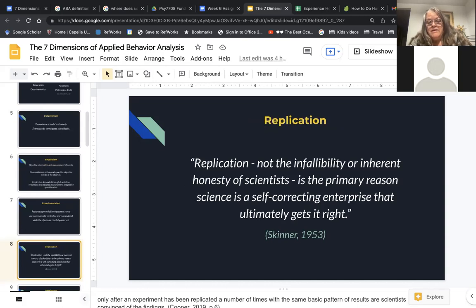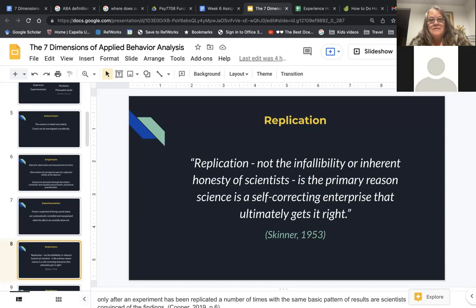This cute quote by Skinner: replication is not the infallibility or inherent honesty of scientists. It is the primary reason that science is a self-correcting enterprise that ultimately gets it right. That's rather a bold statement that science ultimately gets things right, but we can see in other scientific endeavors as they've continued to experiment and correct, they get closer and closer to the truth.